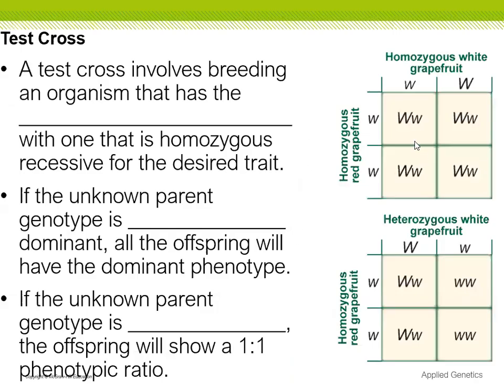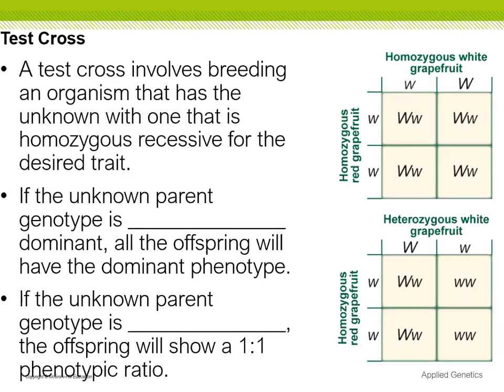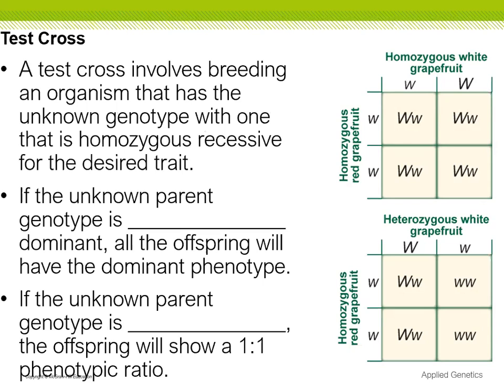Which kind of leads us to this. So we've seen this stuff on the right before, right? Those are our Punnett squares. So what we do is we take a test cross and we breed an organism that has an unknown genotype with one that's homozygous recessive for the desired trait.